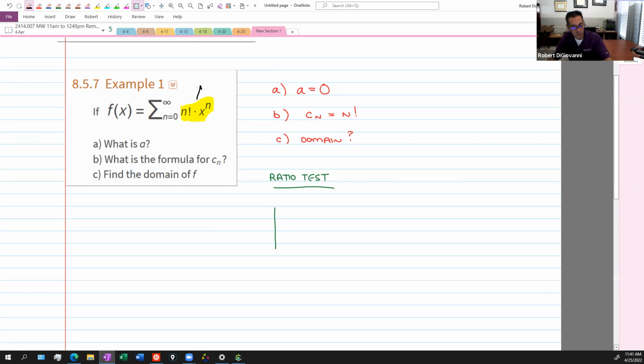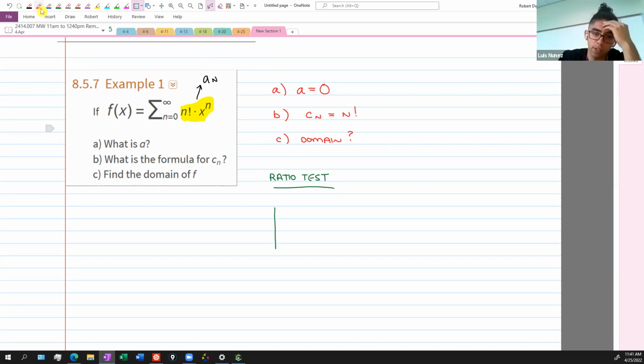For us, a sub n is all of this, which means I need to first plug n plus 1 into it. So is a sub n the same as c sub n? No, a sub n is the entire formula.